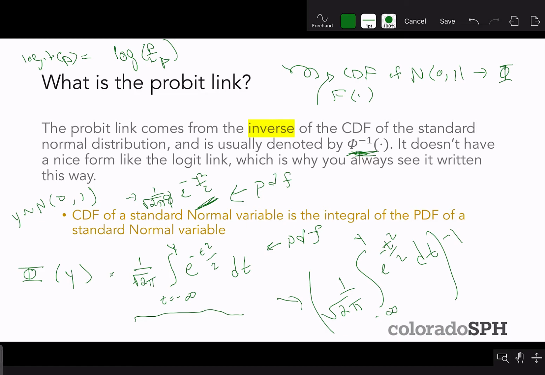And if you wanted the probit of p, so basically the probit of p is going to be this in terms of p instead of y.